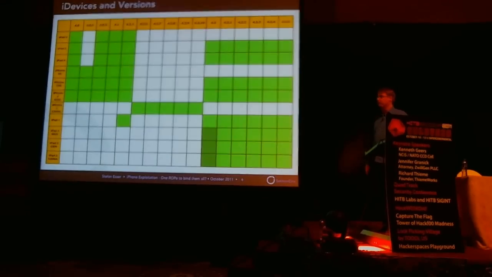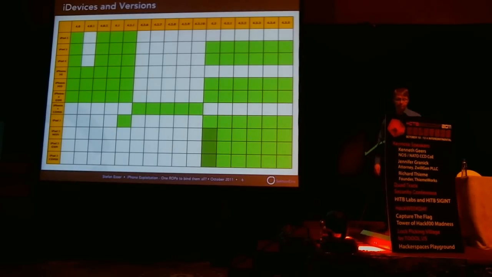When you look at this little picture, you see that not all of the versions are available for all of the devices. Basically, the light green stuff is all the devices we can download the firmware for, and we have the keys for the firmware, so we can decrypt them.